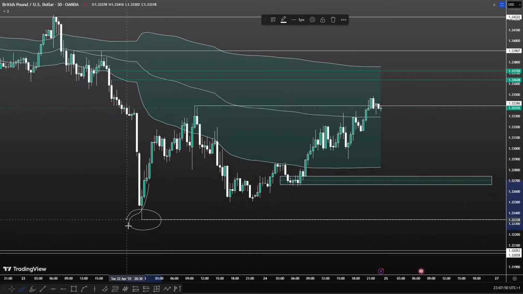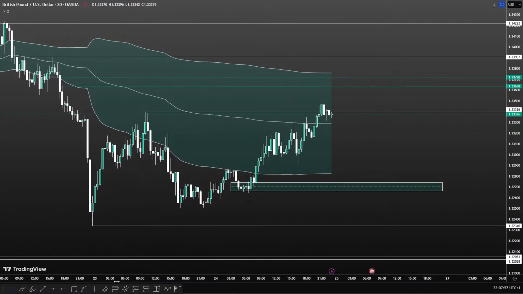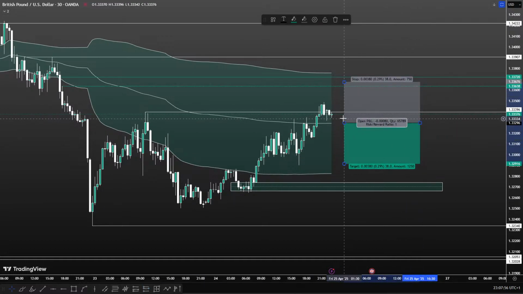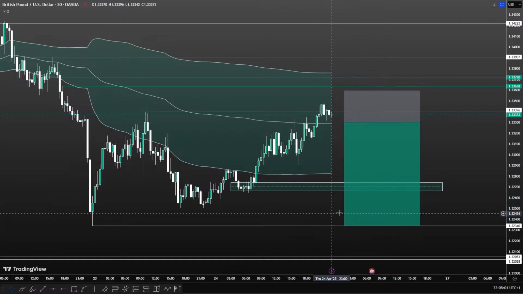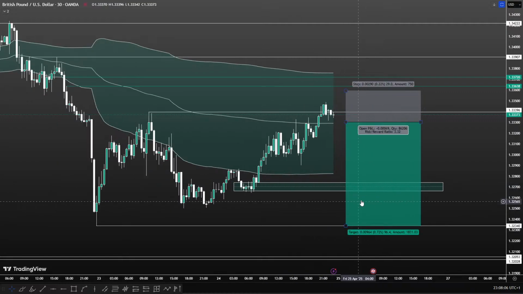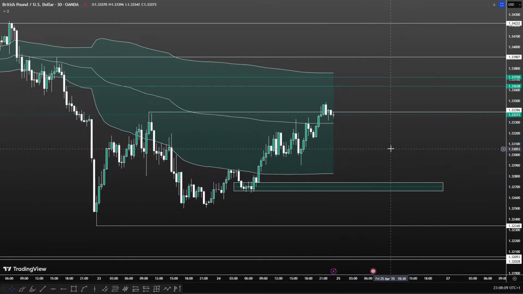Target 2, the primary target, is going to be the weekly lows. If I were to map out how this trade would look: stops above the high, target 1 at 2.0 risk to reward, target 2 at 3.3 risk to reward. That's the first potential setup on GU.